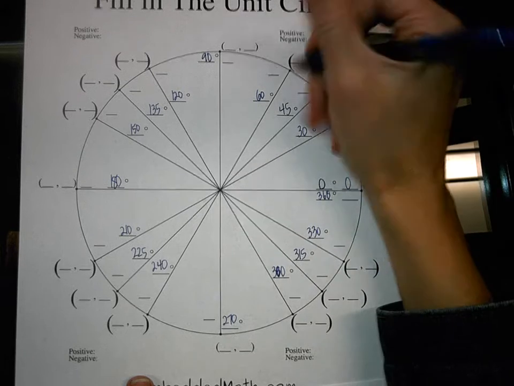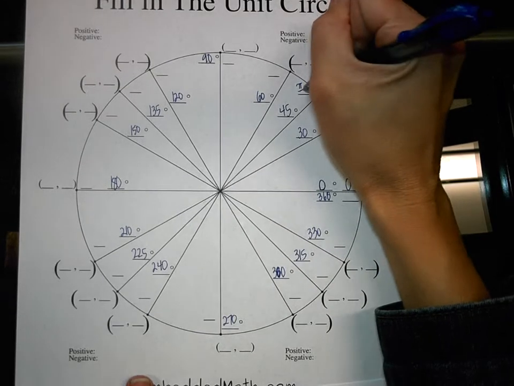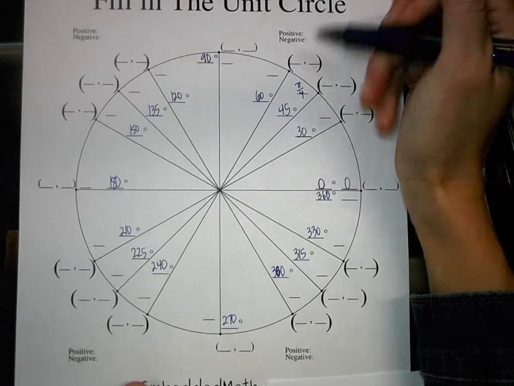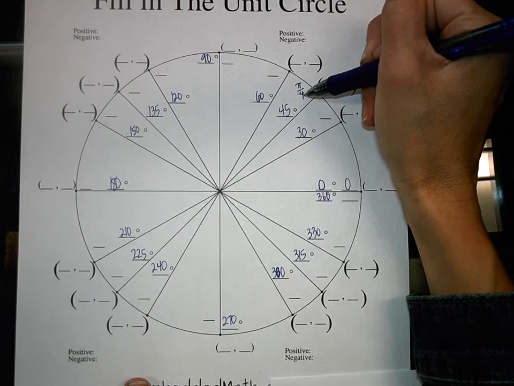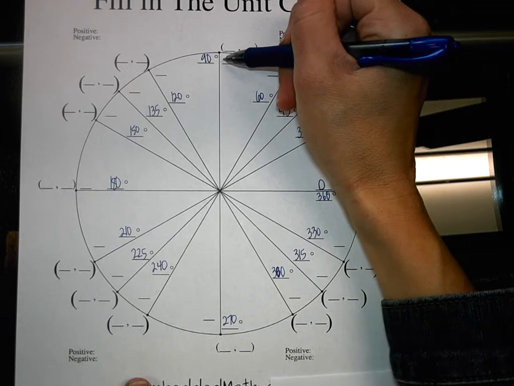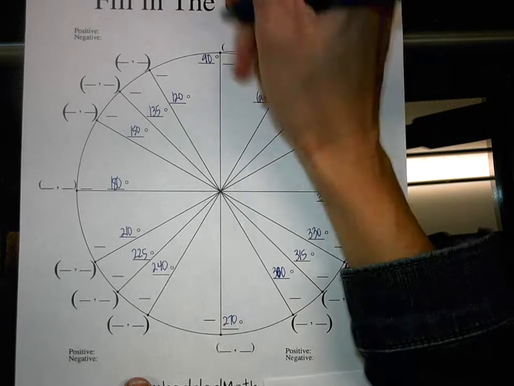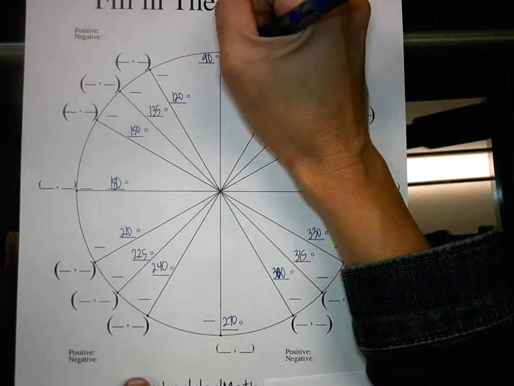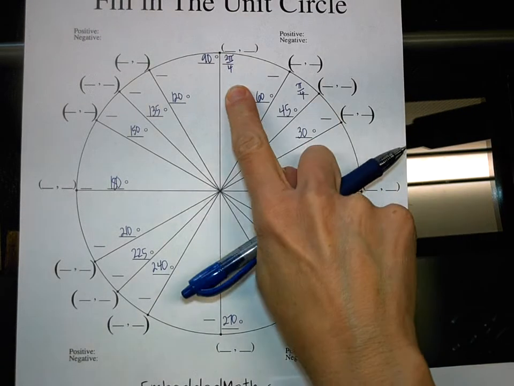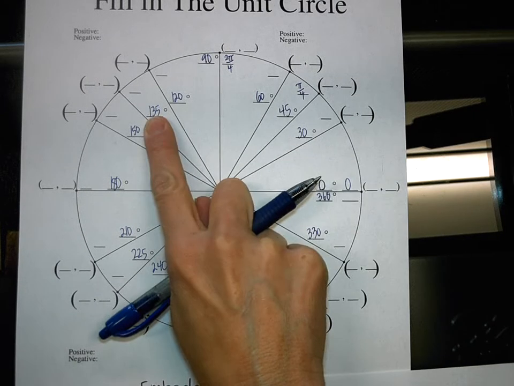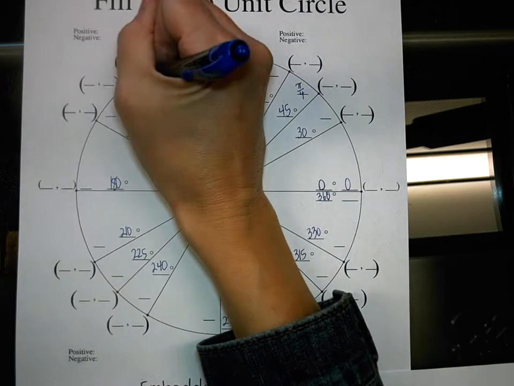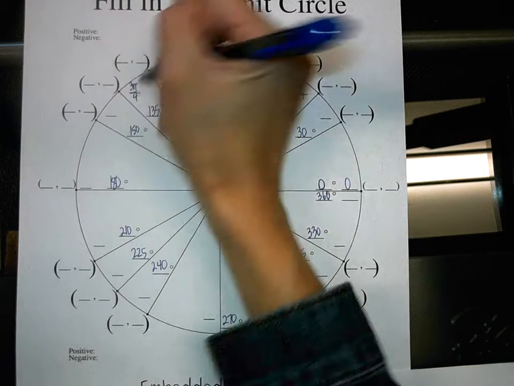Okay, so if 45 degrees is pi over 4, when I add another 45 degrees, I'm going to add another pi over 4. So that means at 90 degrees, it's going to be what? 2 pi over 4. I add another 45 degrees, which will be another pi over 4, and that's going to be 3 pi over 4.